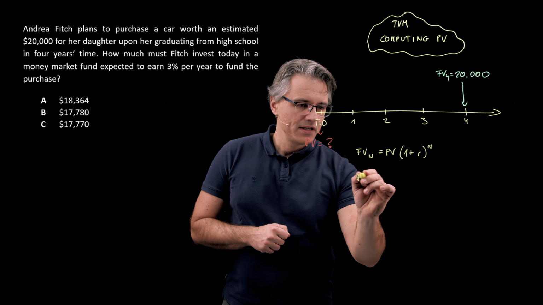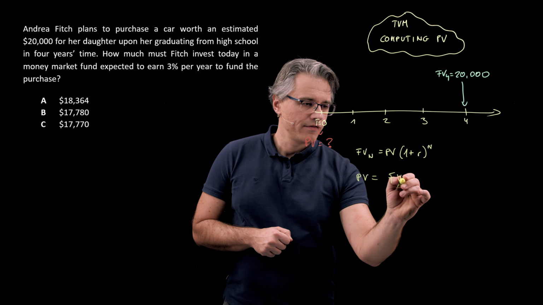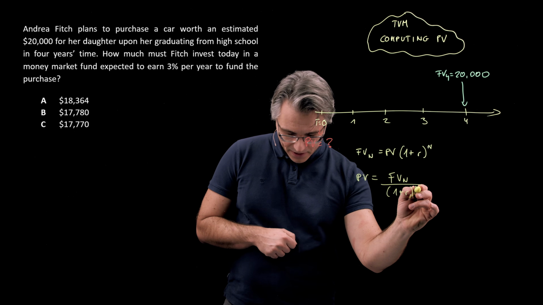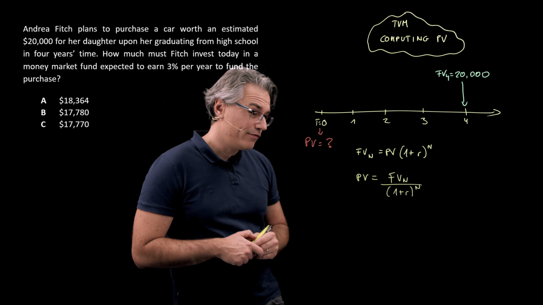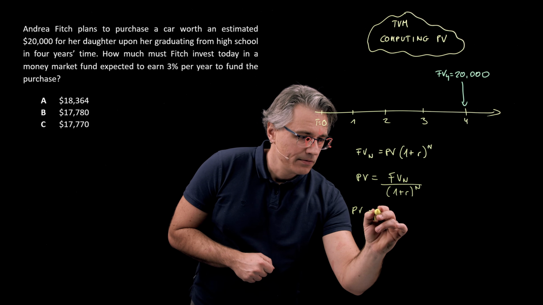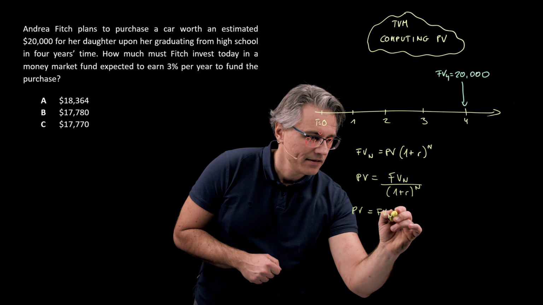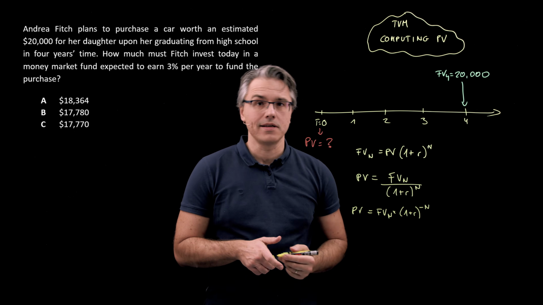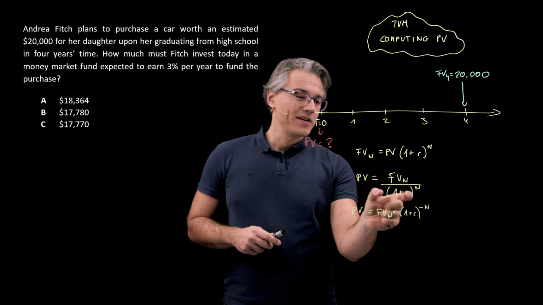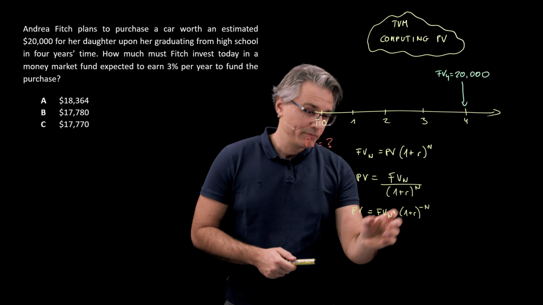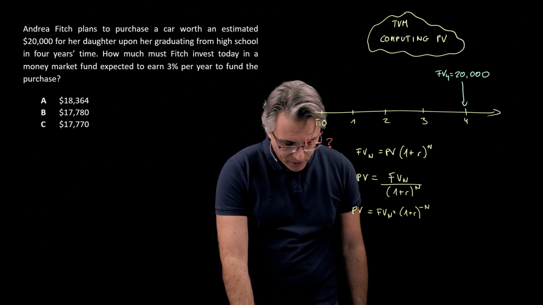So PV equals FVn divided by 1 plus r to the power of n. Another way of writing the same thing is PV equals FVn times 1 plus r to the power of minus n. Dividing by something raised to the power of n is the same as multiplying by that same thing raised to the power of minus n.